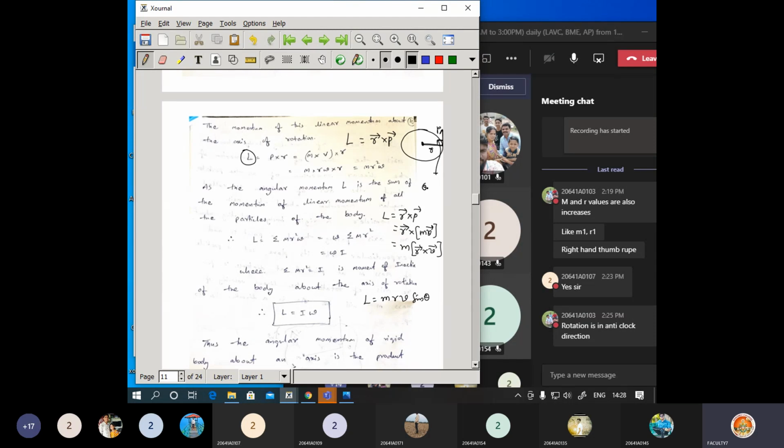Theta equals 90 degrees. So what you will get here is m r v sine theta. Sine 90 is nothing but 1. So the same thing here, you had substituted the value as 1. That's the reason, and thereafter you got those expressions.